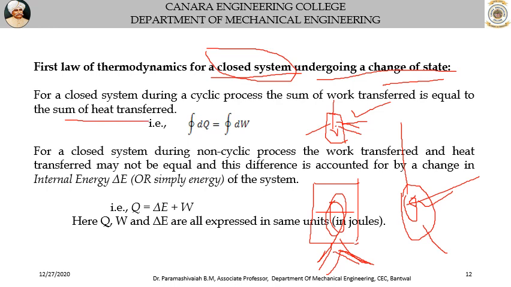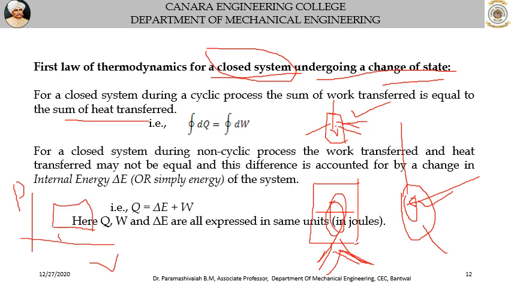Cyclic process means whenever we conduct different processes. Say this is pressure and this is volume. Then from 1 to 2 one process, 2 to 3 another process, 3 to 4 another process, and 4 to 1 another process.